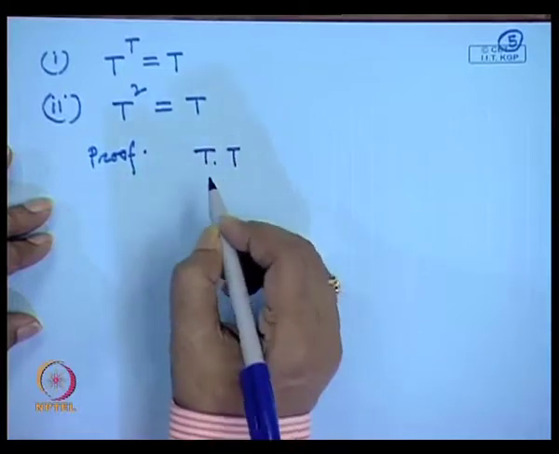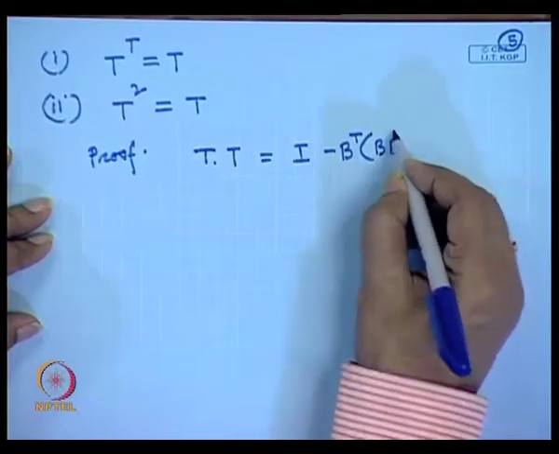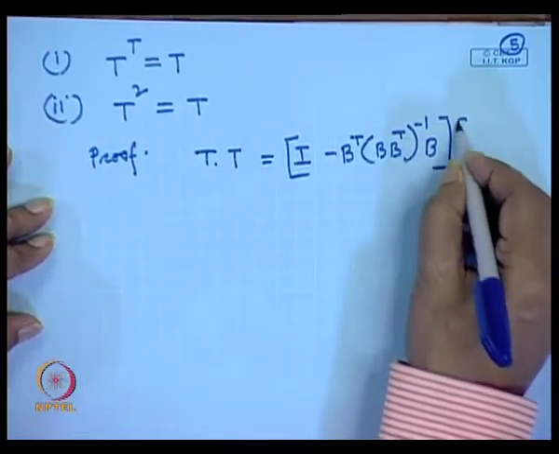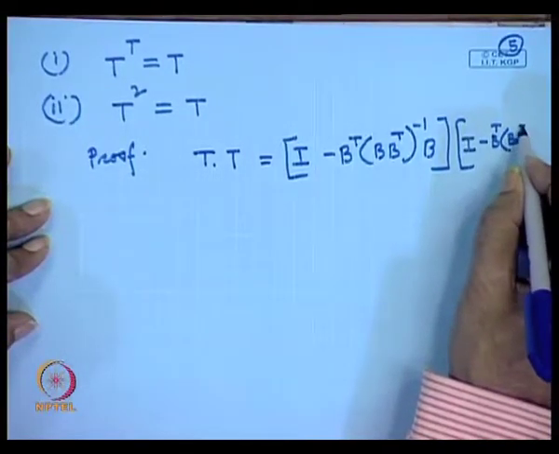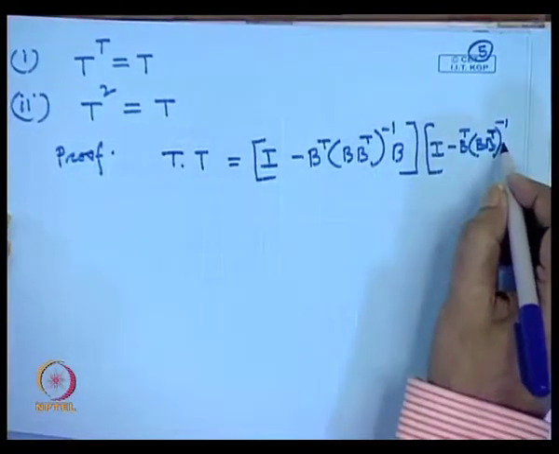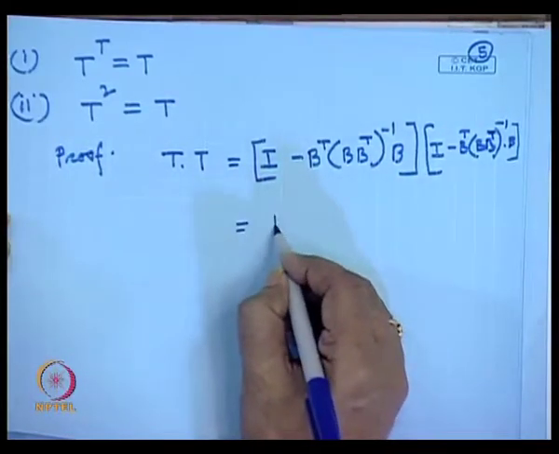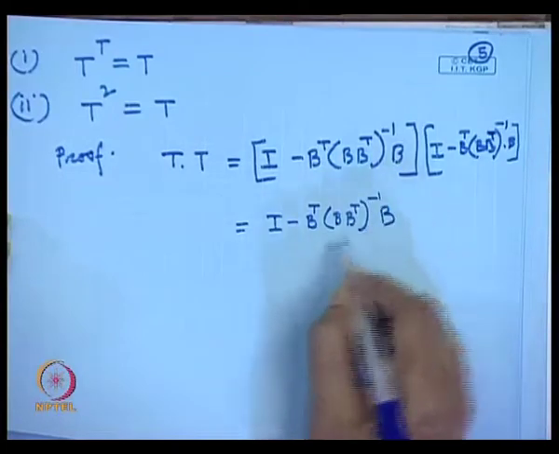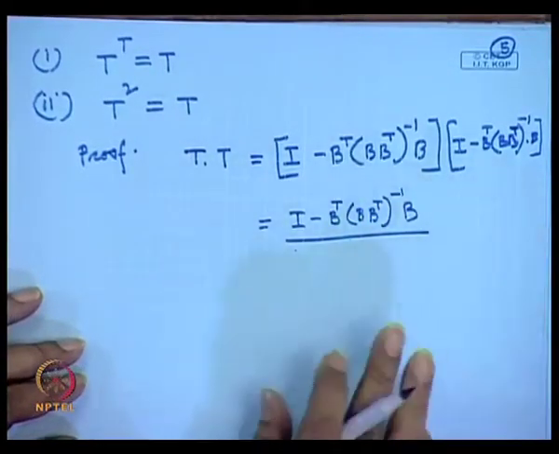You multiply T into T, where T is I minus B transpose, B B transpose whole inverse, into B, multiplied by I minus B transpose, B B transpose whole inverse, then multiplied by B. If you expand this, ultimately you will get I minus B transpose, B B transpose whole inverse, B. So, kindly expand this and prove yourself that this is equal to T. So, there are two properties for the projection matrix.